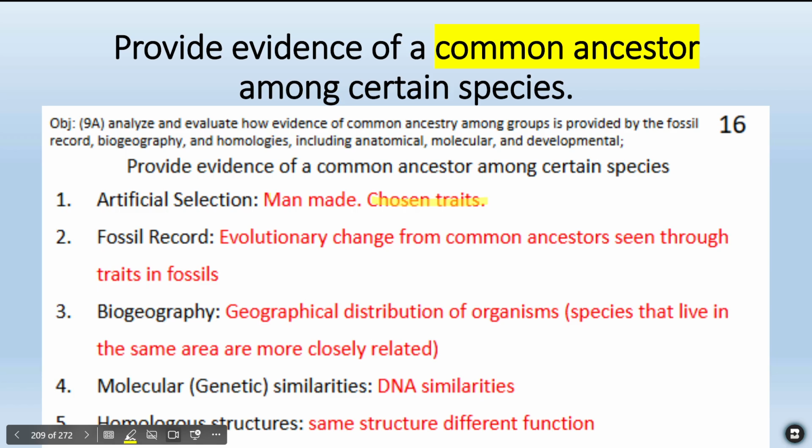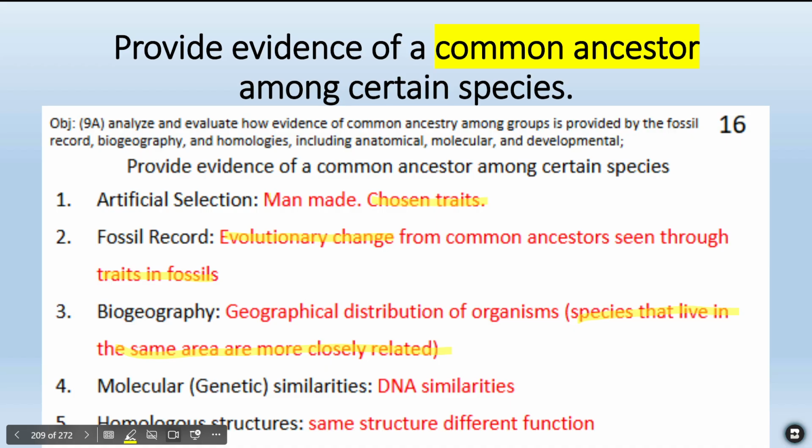In fossil records, we can see evolutionary change by looking at the traits seen in fossils, such as the appearance of feet or no feet, the appearance of claws or no claws, the appearance of a head change. We can look at biogeography, meaning species that live in the same area are more closely related.